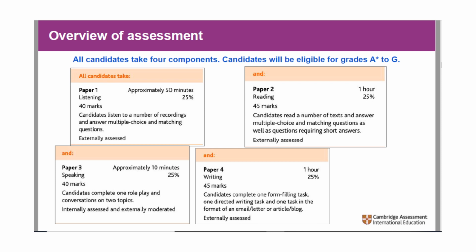There are multiple choice questions. There are also reading passages and answering questions. Okay, there's a long text, a short text, and you have to answer them based on the text given. Again, this is also externally assessed. Your paper will be sent to IGCSE examiners for marking.